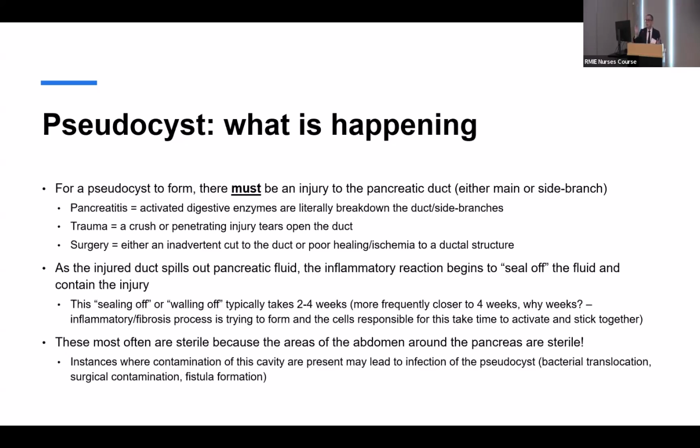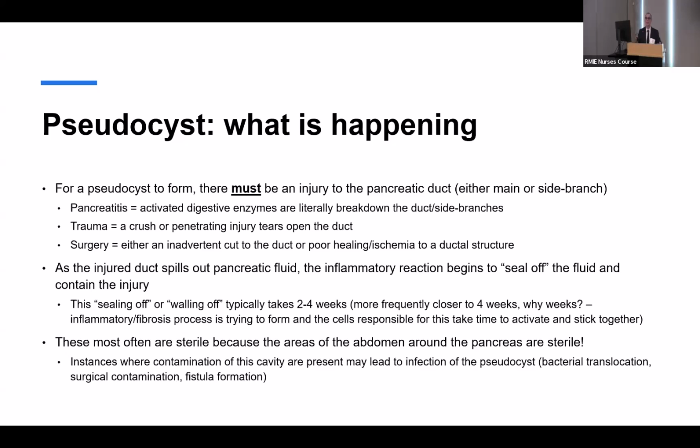When I mentioned that timeline of it taking about 2 to 4 weeks to happen, why is that so universal? Within your body, you have an inflammatory reaction. I know probably some of you remember all the way back to physiology class, where they talked about fibrosis and how stellate cells get activated, and all these alphabet soup enzymes that got activated, and you instantly forgot it, like the Krebs cycle, right?